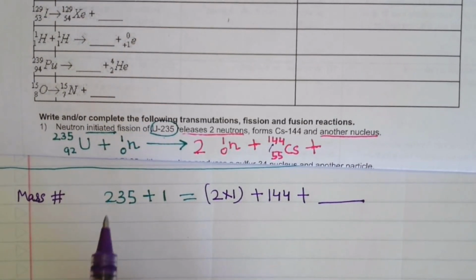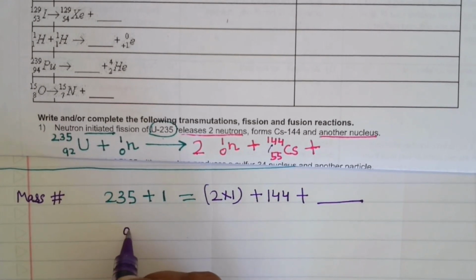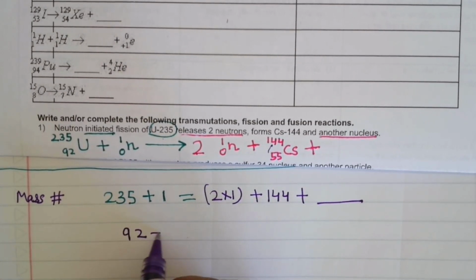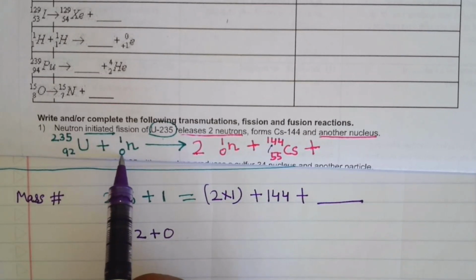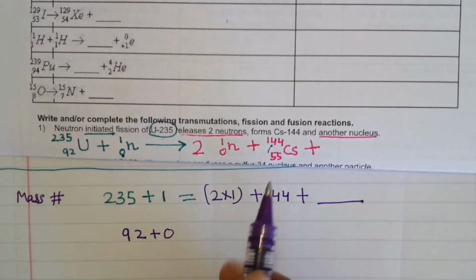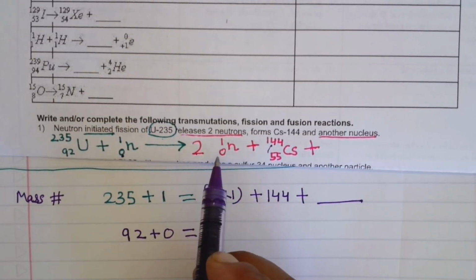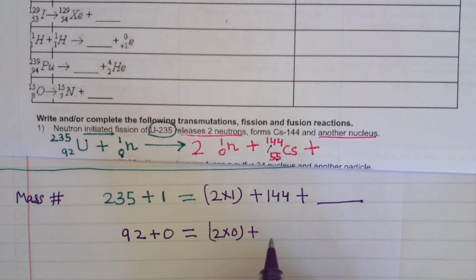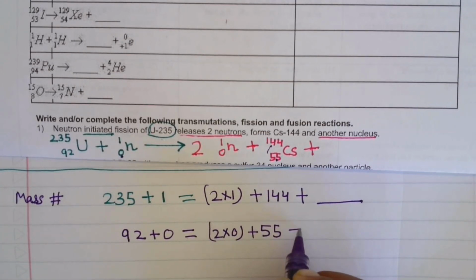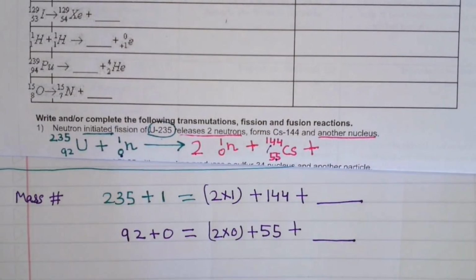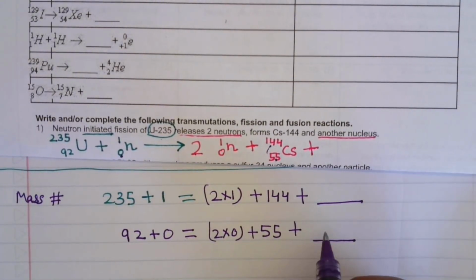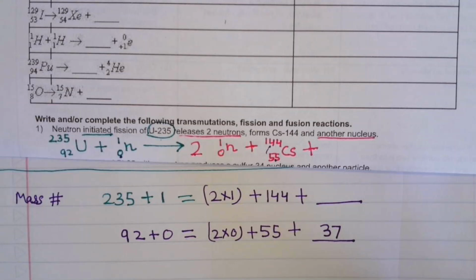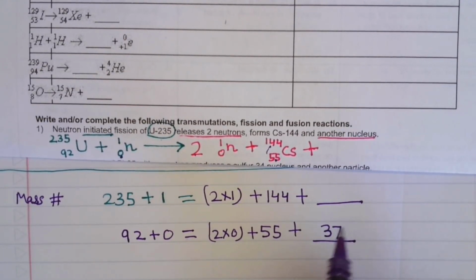Now let's see the atomic numbers. On this side we have 92 plus 0. The atomic number of neutron is 0, and on this side we have 2 neutrons, so 2 times 0, plus the atomic number of cesium, which is 55, and then the atomic number of the other daughter nucleus, right? So if you do the math, you're going to see this atomic number is 37, right? So this would be 37.